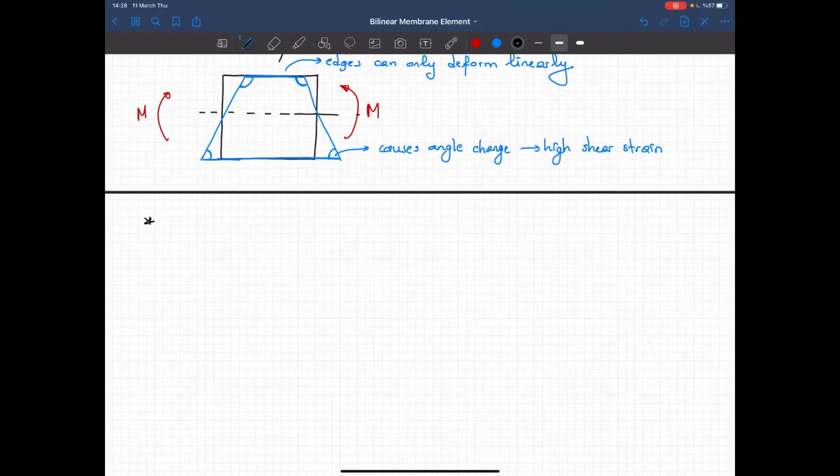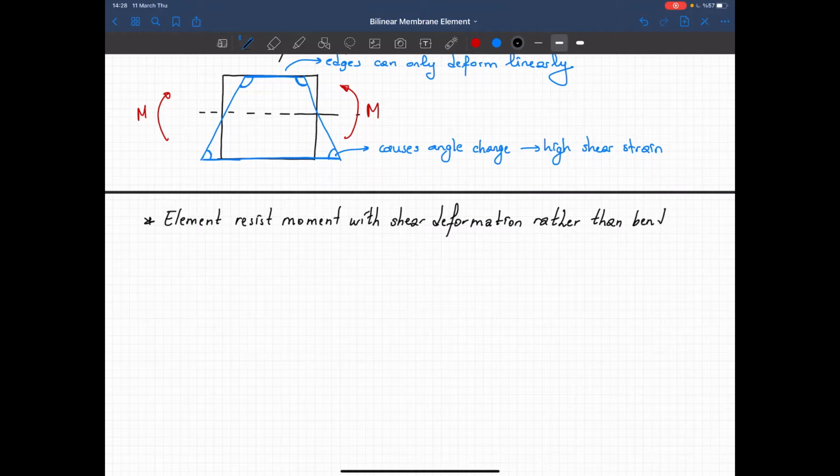So what happens is this element resists the moment with shear deformation rather than bending deformation.